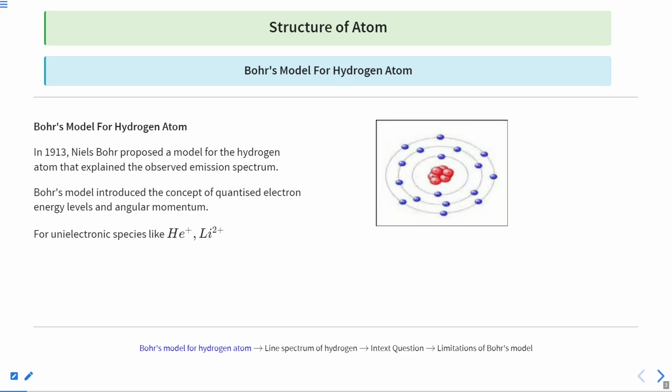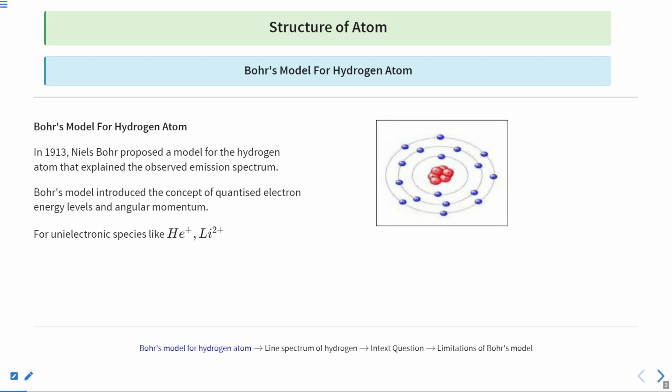Rutherford said that electrons are revolving, but he didn't tell us where they will revolve, what will be the course of revolution. We don't have any instructions for that, but Bohr gave that. Bohr said that there are only quantized states, quantized energy levels or stationary states.